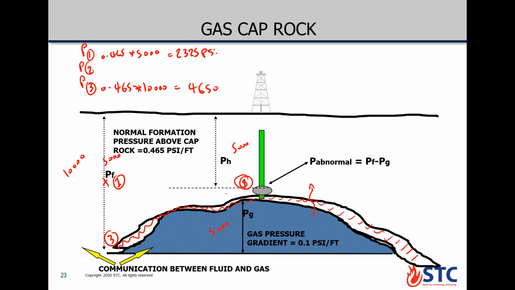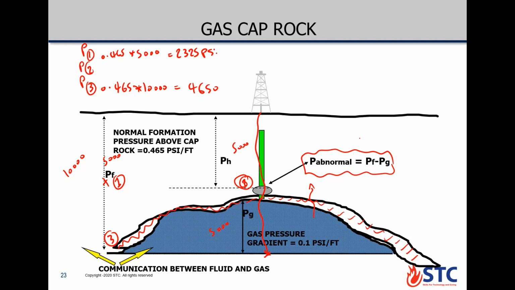So what about point number 2, the abnormally pressured formation? At point number 2, we have a formula to follow. P abnormal equals P formation minus P gas. So P formation at this depth, at the total depth as a TVD, is equal to 4,650.